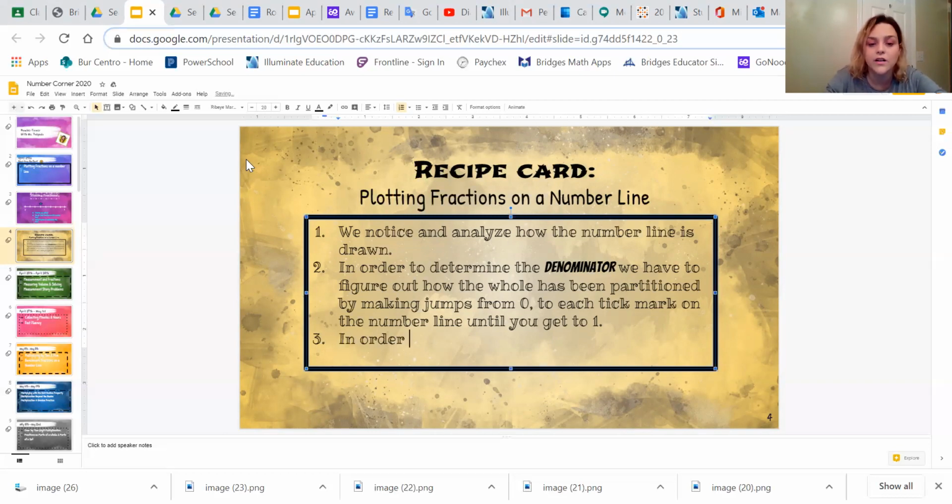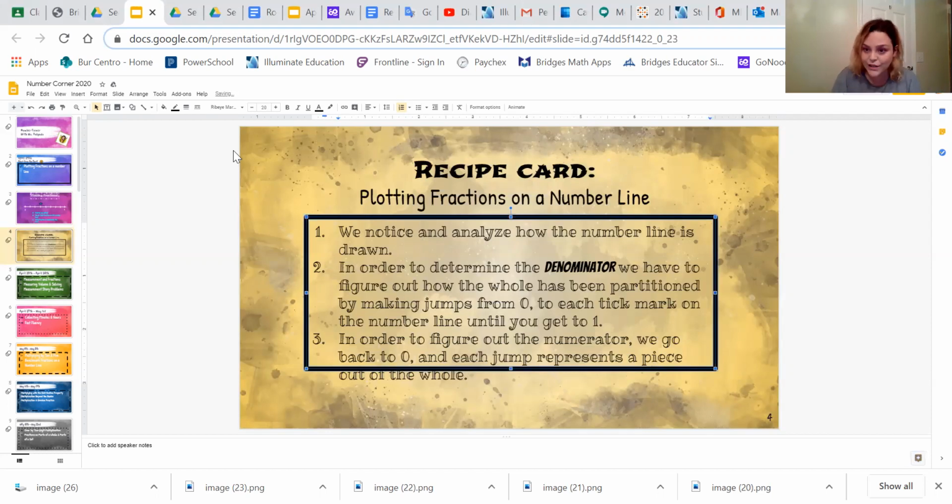In order to figure out the numerator, we go back to 0, and each jump represents a piece out of the whole, okay? So like we did earlier, 1/8, 2/8, 3/8, 4/8.